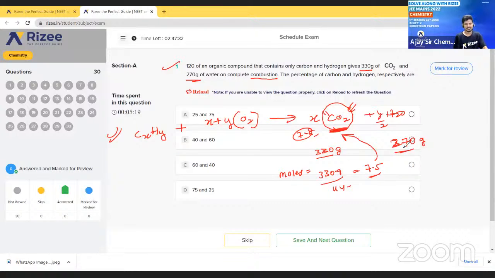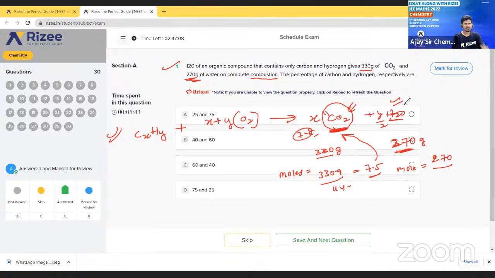Okay, see here, 270. So let us find the number of moles of this H2O. Moles is equal to, so how many grams of H2O are present? 270 grams of H2O is present. What is the molar mass of this H2O?